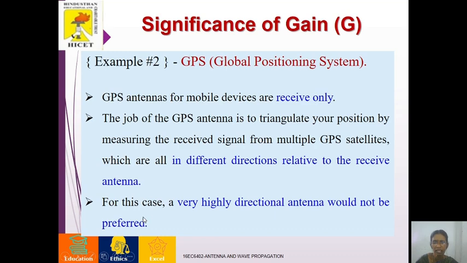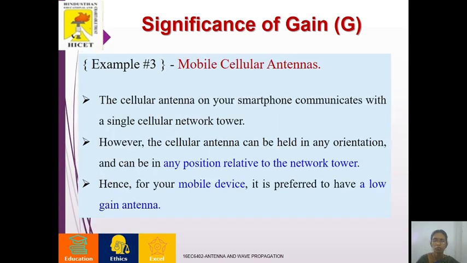So in this kind of GPS system, a highly directional antenna may not be preferable. You need to go for low gain antennas only. So a highly directional antenna is not preferred at all for GPS positioning systems.